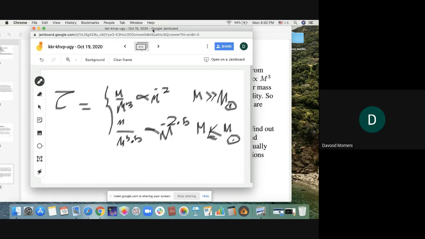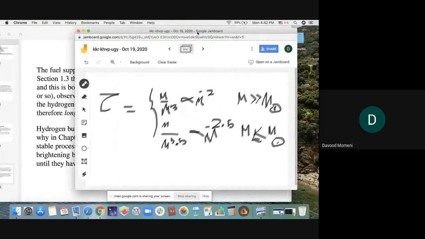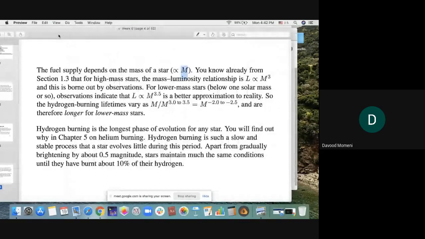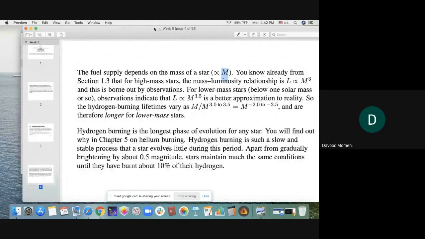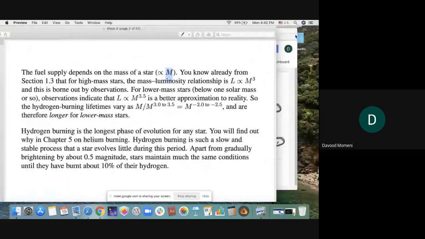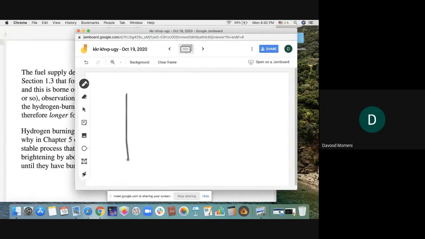All right. So now we understand what is going on in this slide. So the lifetime, the nuclear lifetime for the high mass and for low mass stars is as the following, which we calculated. So I can show you something very interesting.